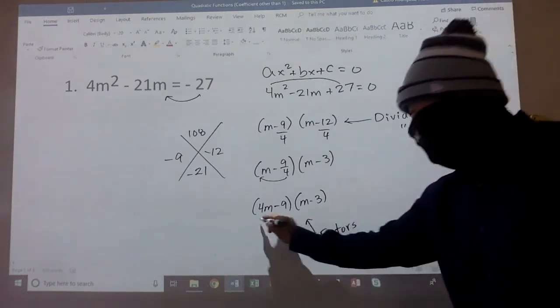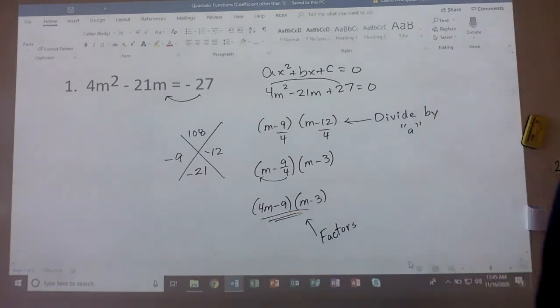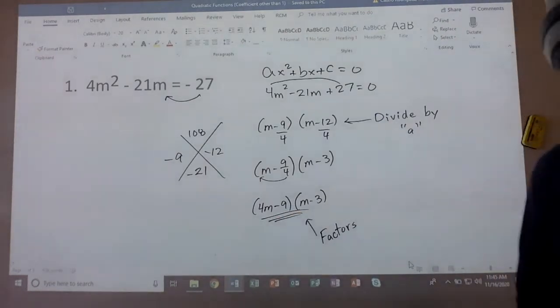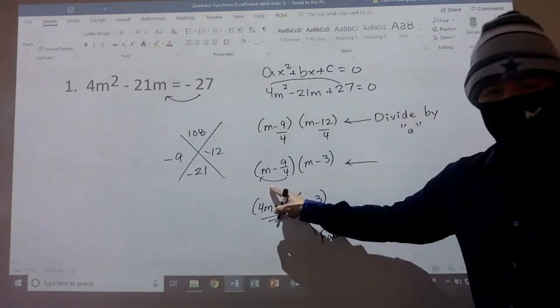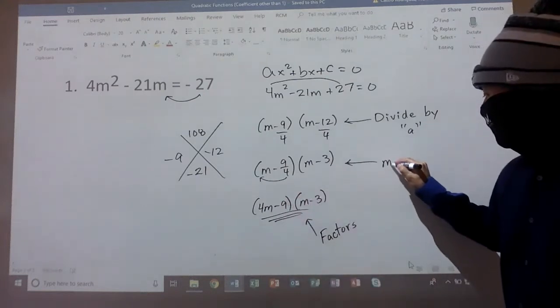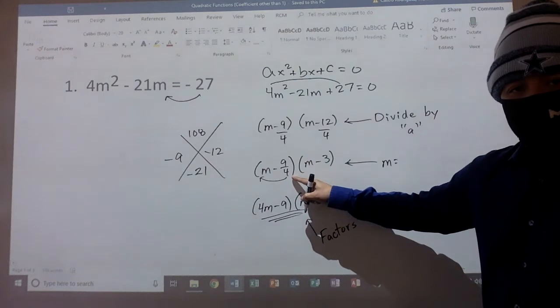These are my factors, those two. That's what I'm going to be asking on my homework also. I need my solutions. My solutions come from this line. It's just the opposite of these. m equals the opposite of -9/4, which is just positive 9/4.